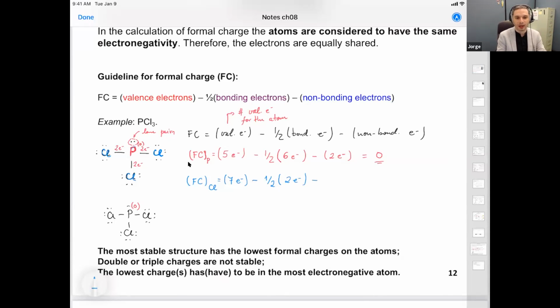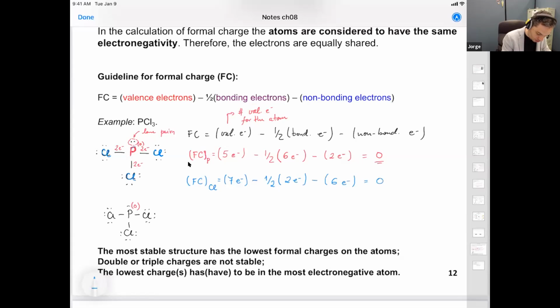After the chemical bond, are there any leftover electrons for this atom in the form of lone pairs? Those are the non-bonding electrons. And for chlorine, we have 2, 4, 6 non-bonding electrons. Therefore, the formal charge for chlorine is going to be 7 minus half of 2, which is 1, minus 6.